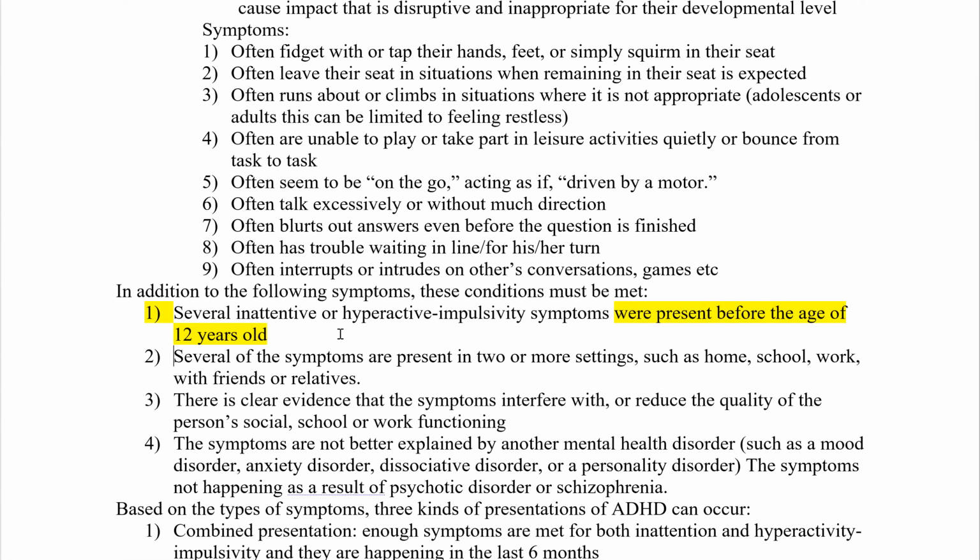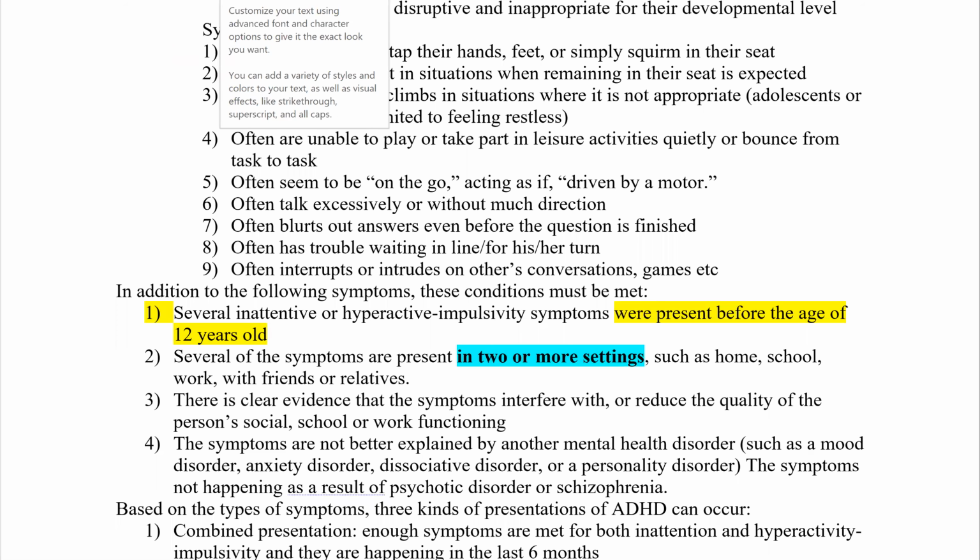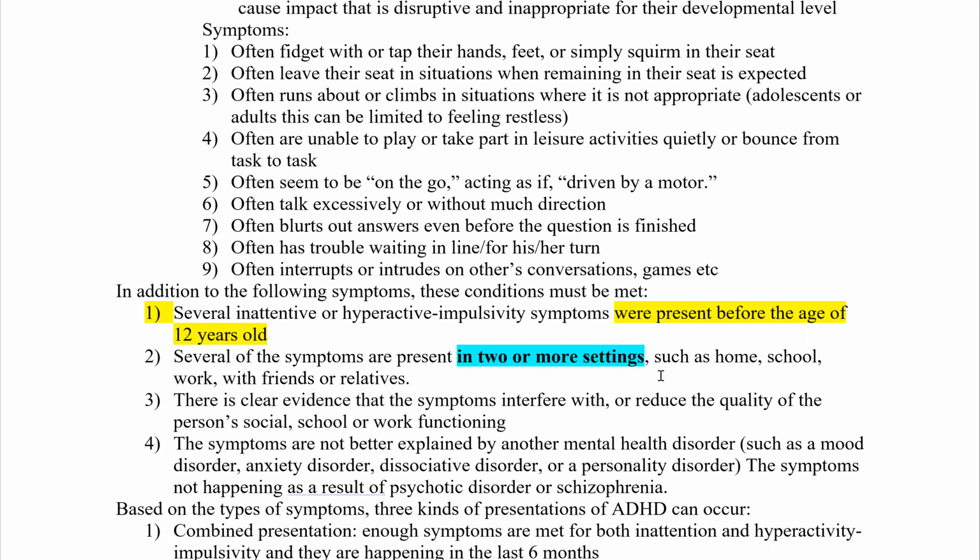Several of the symptoms are present in 2 or more settings, such as home, school, work, with friends or relatives. Oftentimes we want to see it happening in 2 settings. This is where a lot of people get thrown off on questions, because it will be in one setting, and they're like, but this says it has to be in 2 or more. The majority of them have to be present in 2 or more.